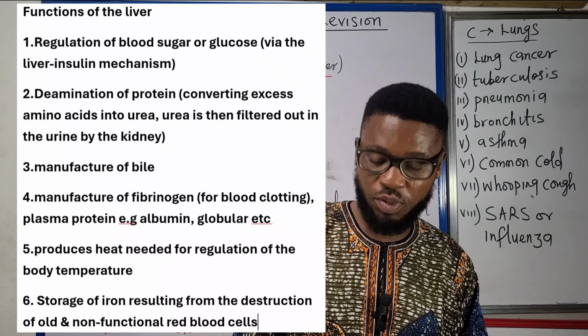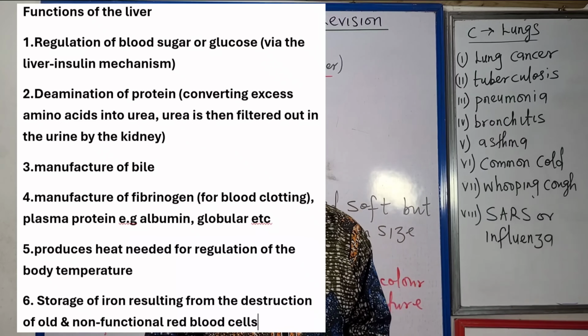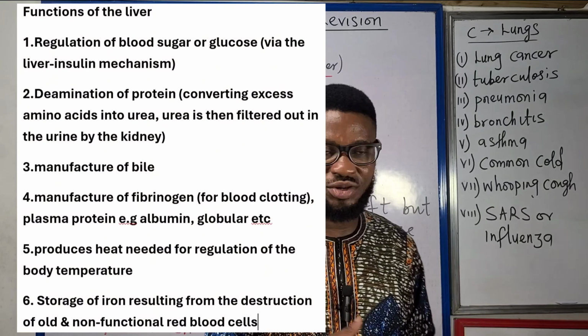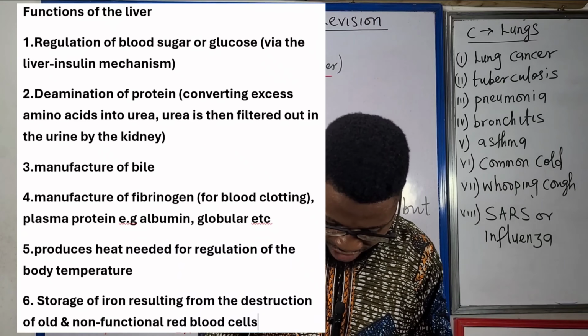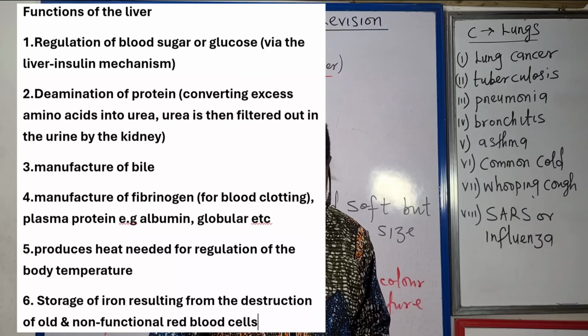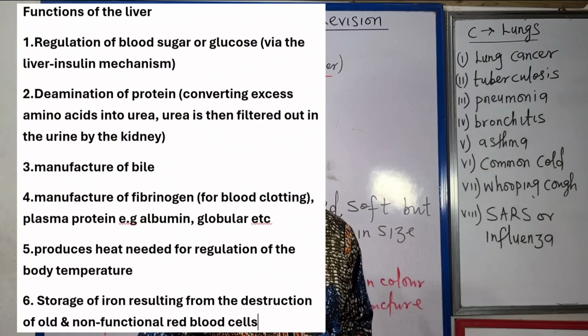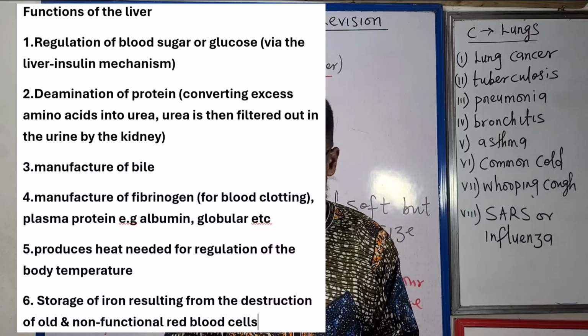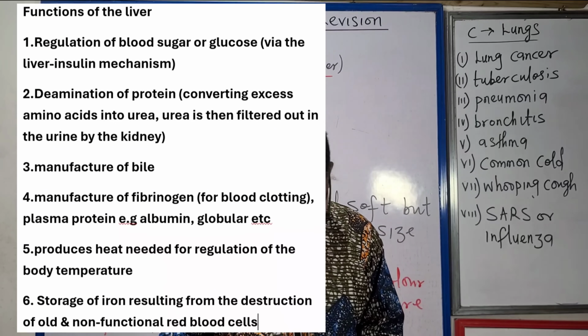Also, the liver is responsible for the manufacture of bile, and this bile is as a result of old and non-functional red blood cells being destroyed in the liver, and various chemicals being destroyed in the liver. When you talk about the liver, it produces certain plasma proteins like fibrinogen.